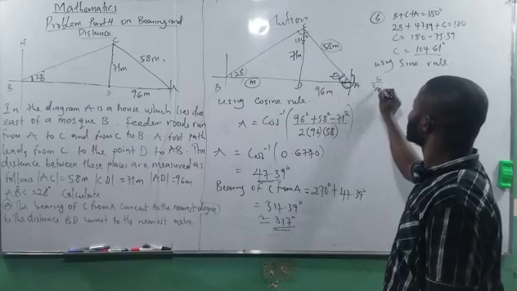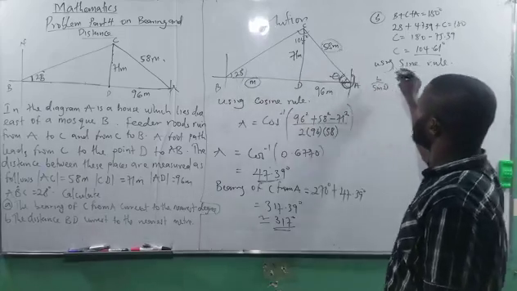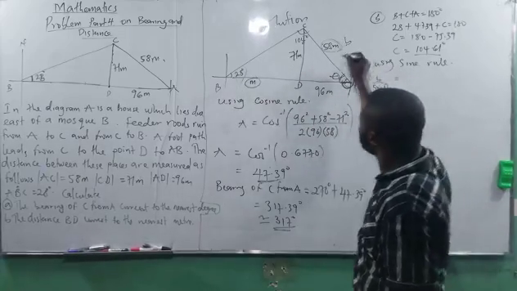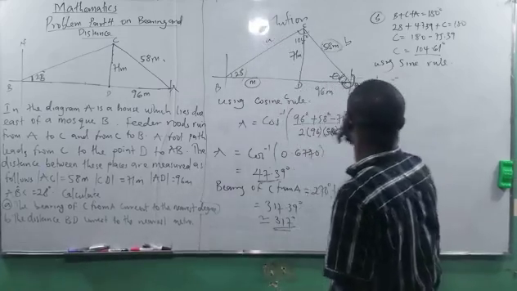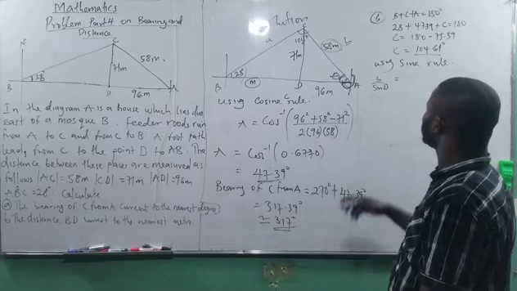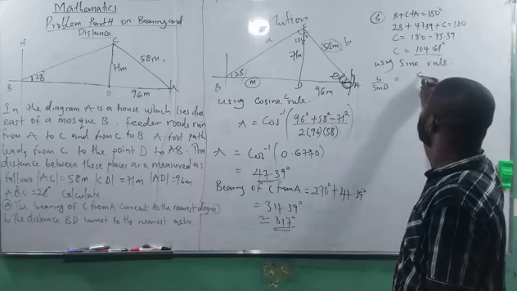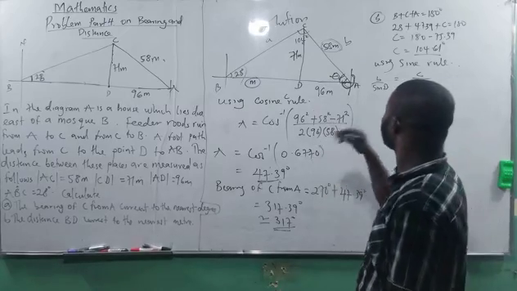B over sine B equals, this is my B over sine B, because I've told you that this is going to be B, this is going to be A, and this is going to be C. Everything here will be C. And it will be equal to C over sine C. Now, I think those two are fine.